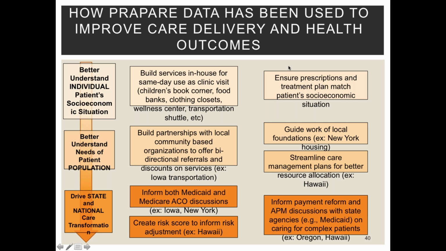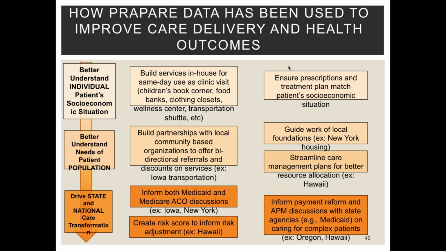There are further examples of health centers using the PRAPARE data for advocacy in discussions with the Medicaid director about the need to acknowledge the importance of the social determinants of health that affect patients on the state level, and emphasize what the health center program has been doing to address some of those risks and how they can result in better savings.